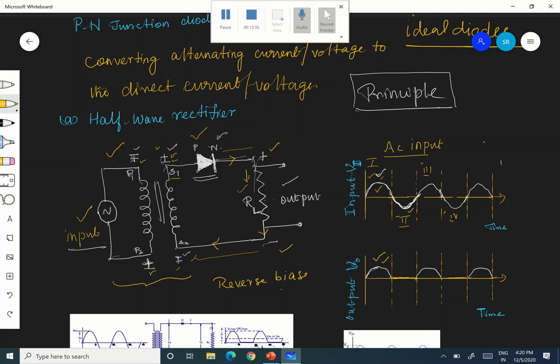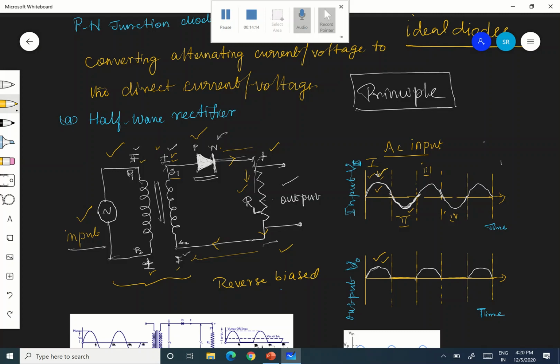In the previous case, it is forward biased during the first half cycle. P is connected to positive, N is connected to negative, because S1 is positive and at that time S2 is negative. Therefore the diode is forward biased, so it allows the current.